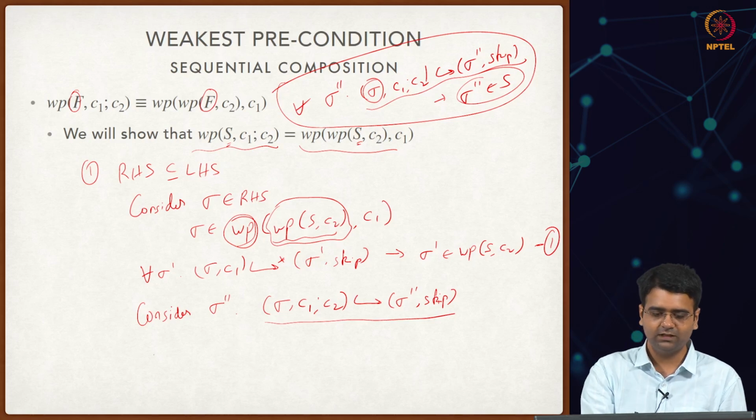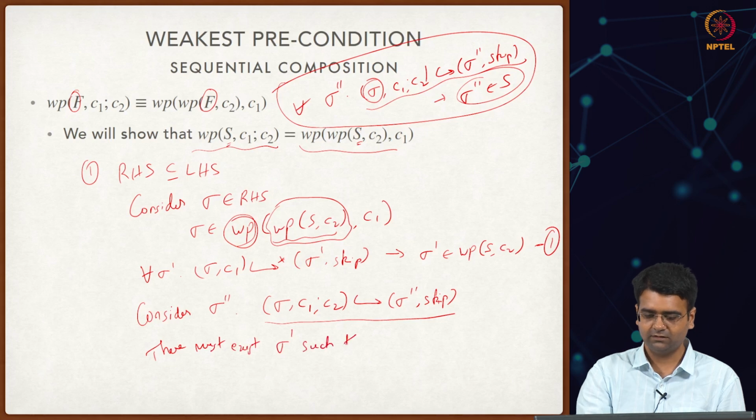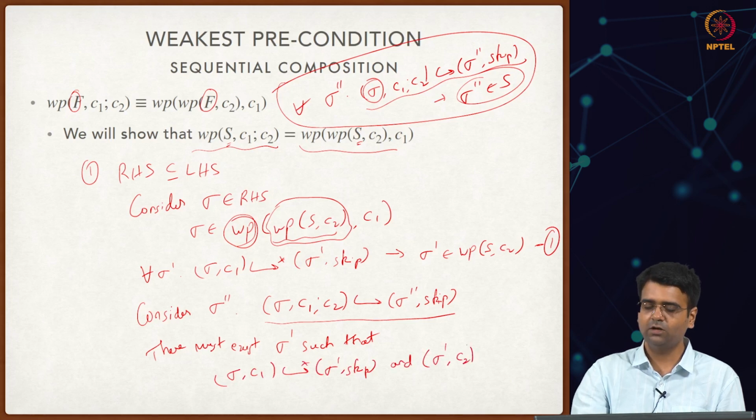Therefore there must exist some sigma prime such that on executing C1, I must have gone to that sigma prime, and on executing C2 on that sigma prime, I must have reached sigma double prime.